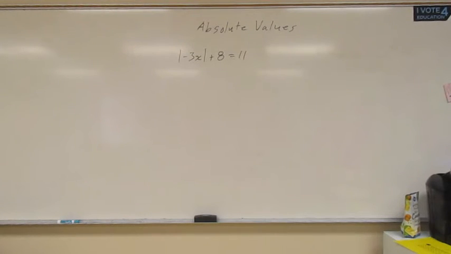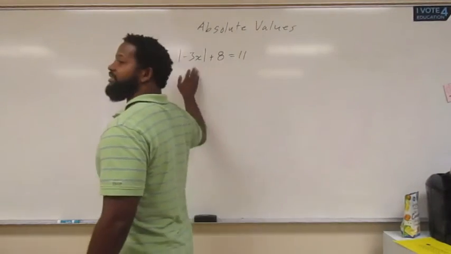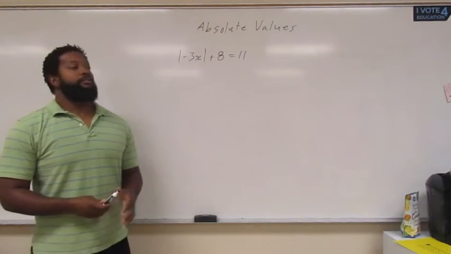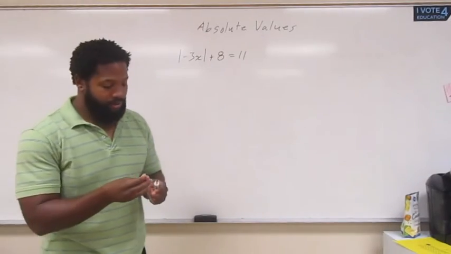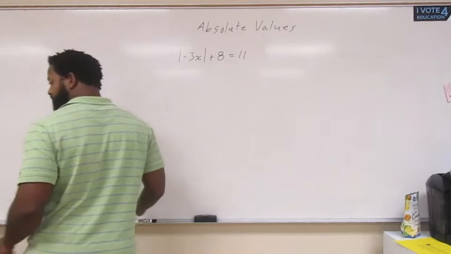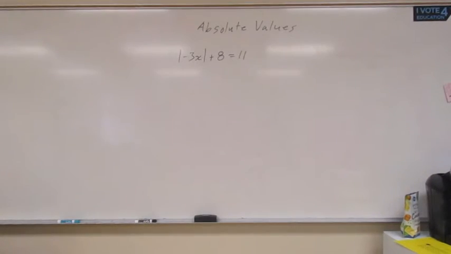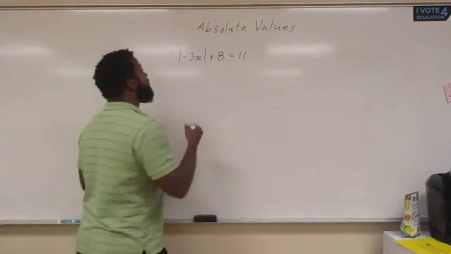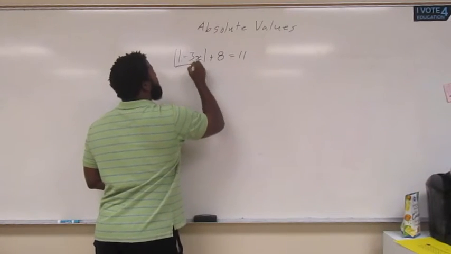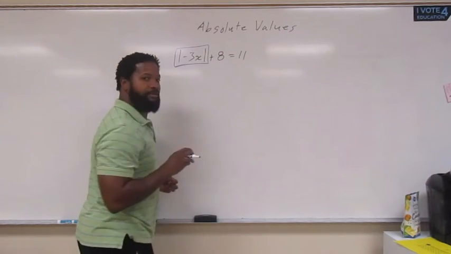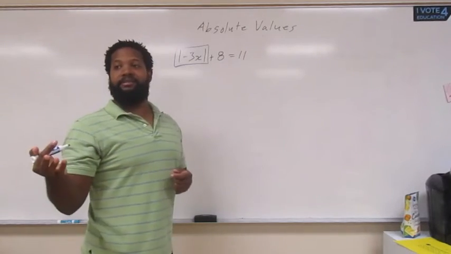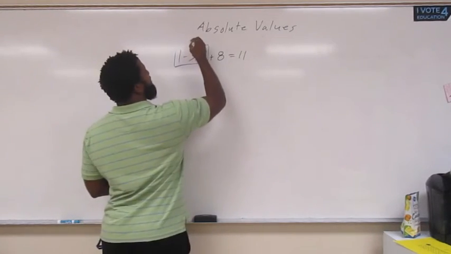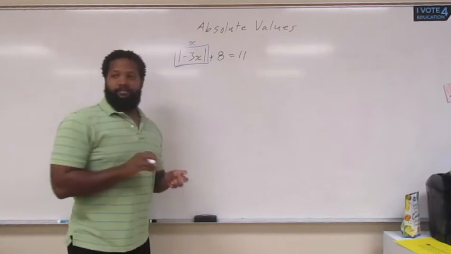So with you having one part on the outside, treat the absolute value like it's a variable. Well, what do I mean by that? Well, you are going to take this absolute value and you're going to put it in a box. You're going to put it in a box. And you're going to name that box. Let's name it X, right?